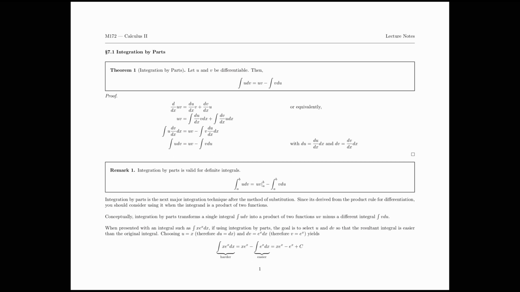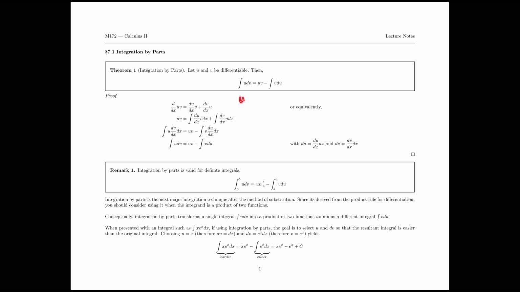Okay, so the formula for integration by parts is you start with an integral, and then you say, in my integrand, I am going to say part of it is u, and the rest of the stuff, including the differential, is going to be assigned to dv.